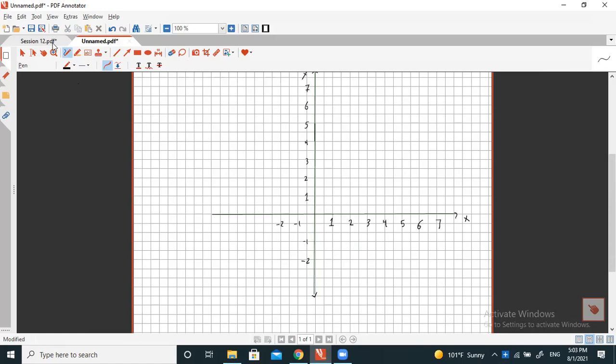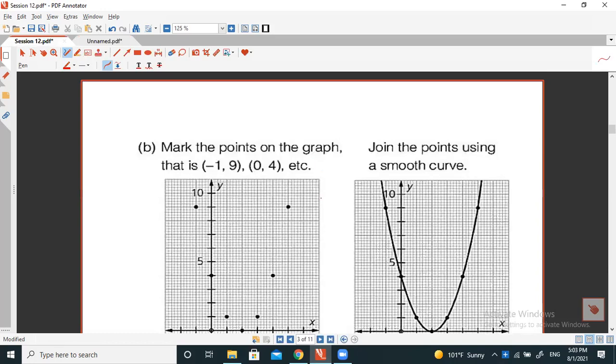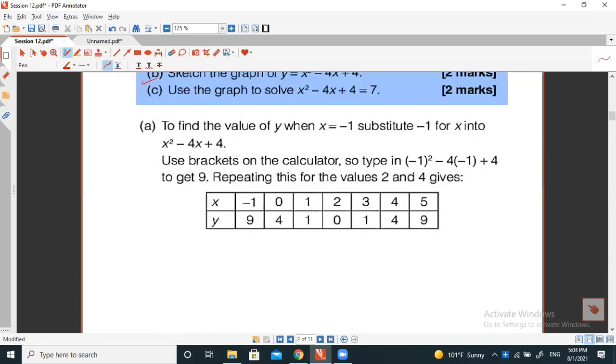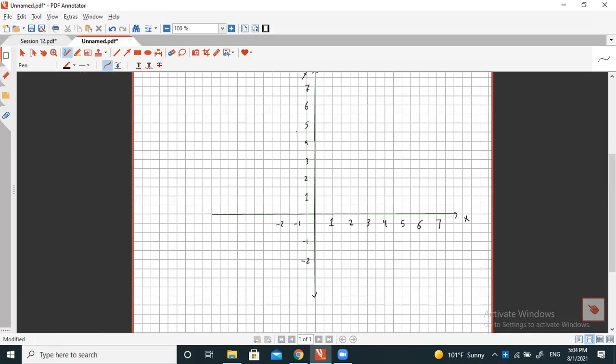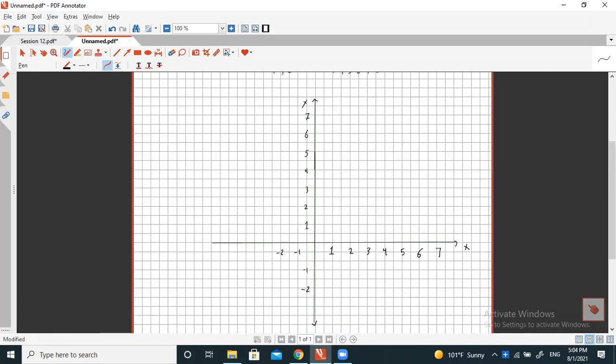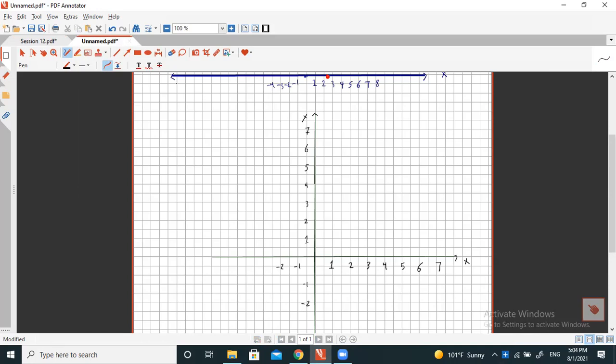Okay, and from the table we can graph. He says -1, 9. So here we need to go to 9. We have only 7 here, so you need to make it bigger.